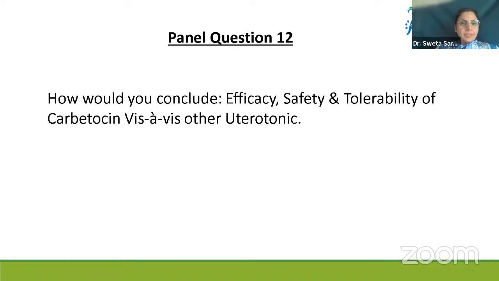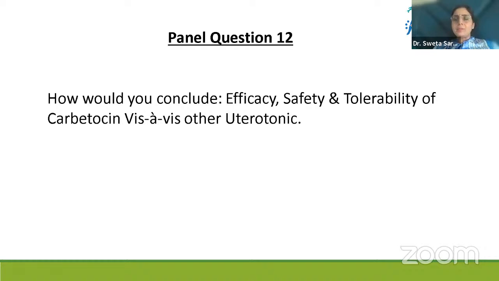So definitely, I think this is your conclusion on carbetocin, in your experience. You've already elaborated this. I've been using it for the last 6 months. There haven't been any adverse side effects, and hardly in one or two patients might we have used an additional uterotonic. That could always happen, and that too prophylactically, just to have some peace of mind.